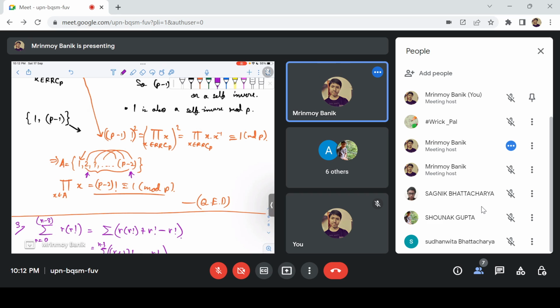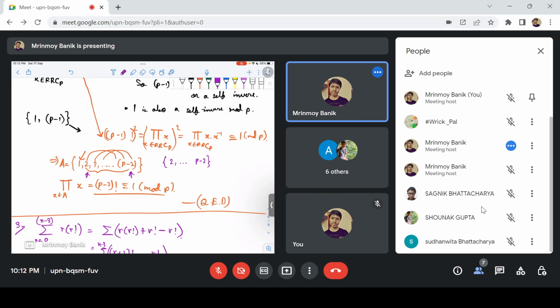That is true since for the set 2 up till p minus 2, each element has its inverse present in the same set, and they are distinct. I guess we just need to prove the uniqueness of the inverses.